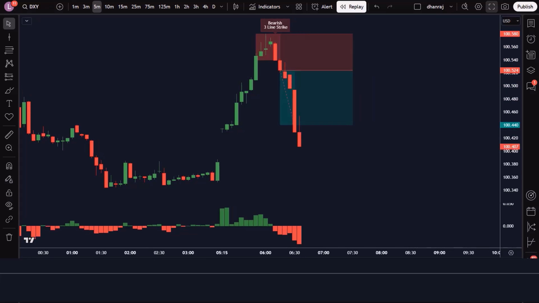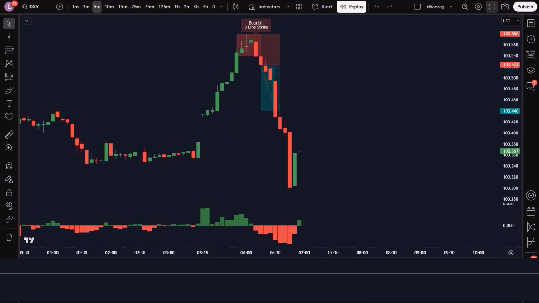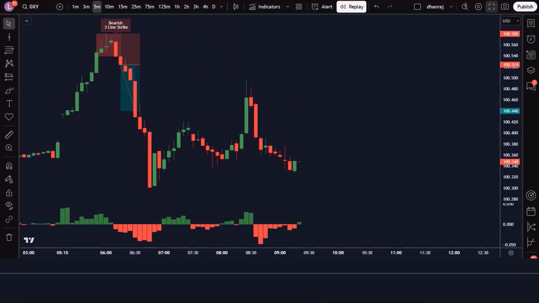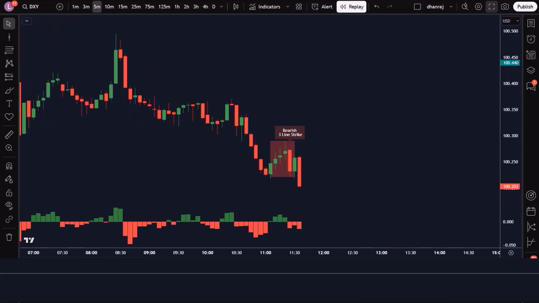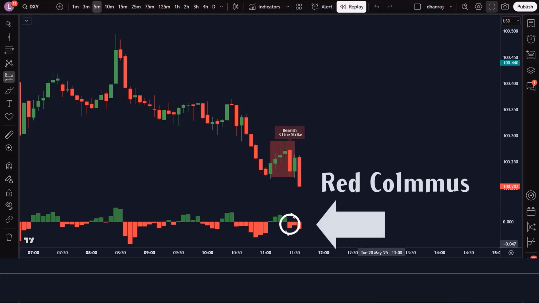Let's find the next trade. We have got the signal. Here the 3-line strike candlestick indicator gives us a sell signal. Here the Kuratoga histogram indicator shows red columns.